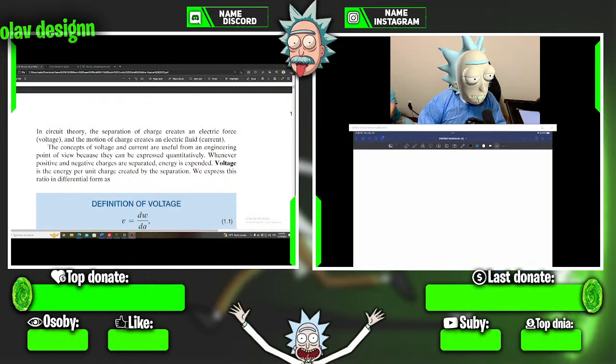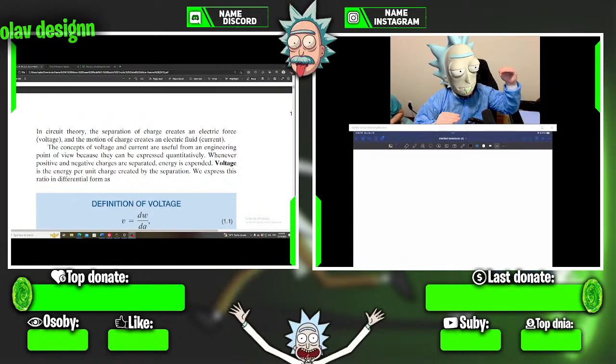Now, the actual moving of the charges, we term that the current. Think about it this way: if I'm a river and the water's electricity, the difference in height physically would allow water to flow from point A to point B. Let's say that height was a potential difference of 5 volts.